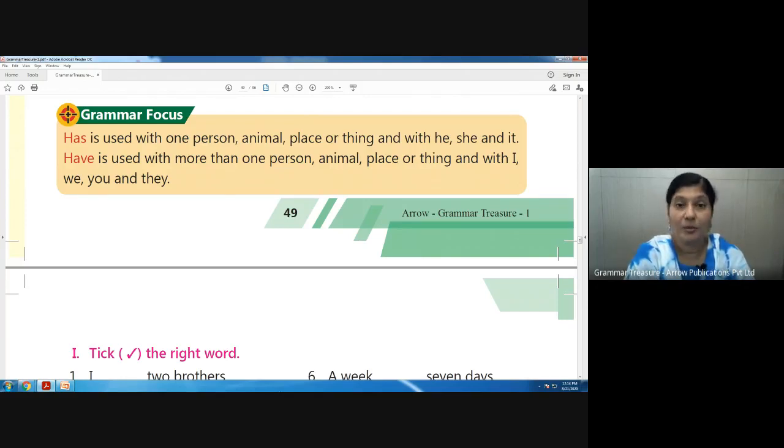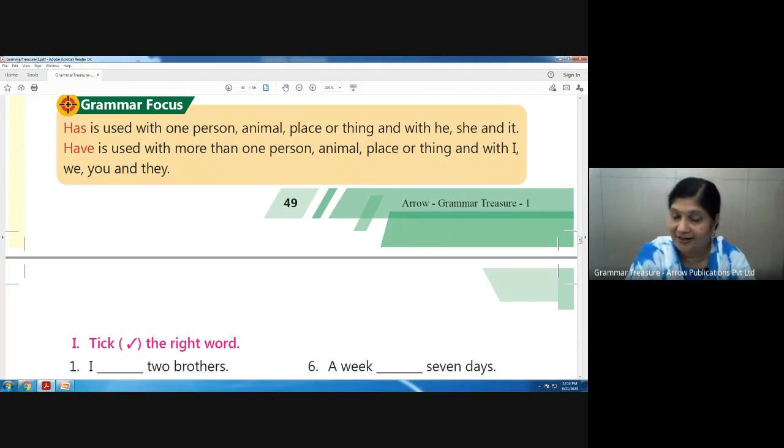Have is used with more than one person, animal, place, or thing, and with I, we, you, and they. So with singular, we use has. With plural, we use have. With the pronouns I, we, you, they, we use have. With the pronouns he, she, it, we use has.